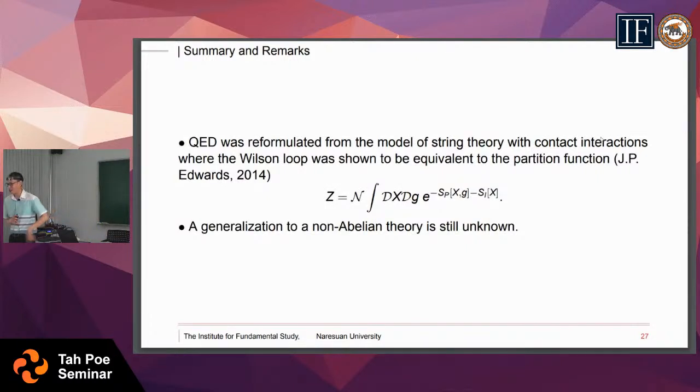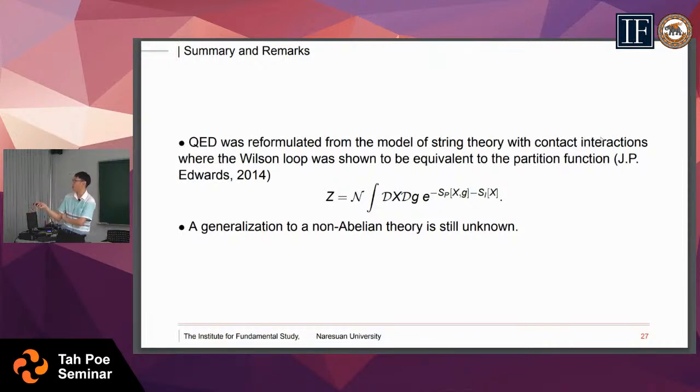With this inspiration, there is another work by James Edwards in 2014 in which he reformulated QED, the abelian Yang-Mills theory, as a model of string theory with contact interaction.